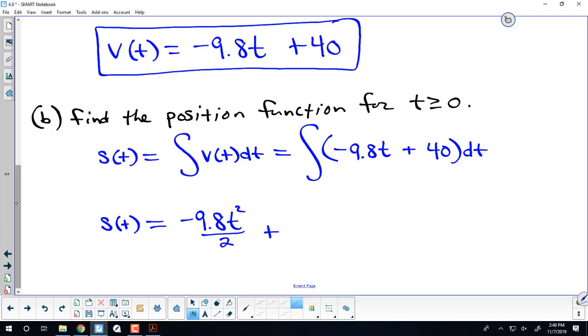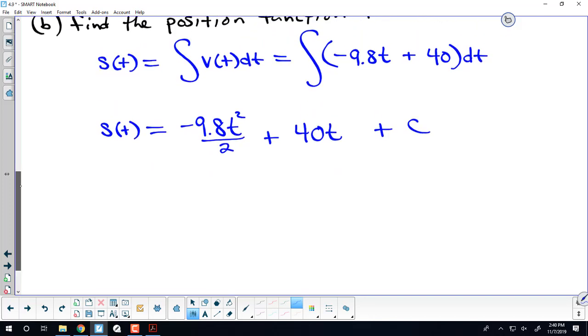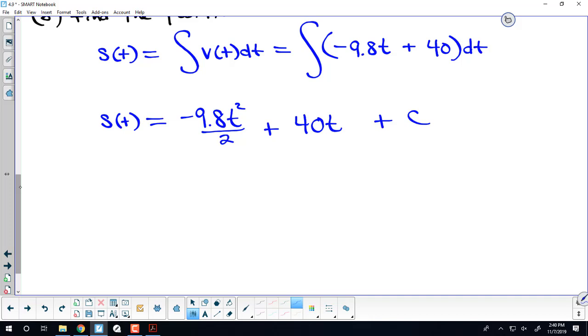The antiderivative of 40 with respect to t would be 40t plus c. That's the c subscript 2 you were talking about?